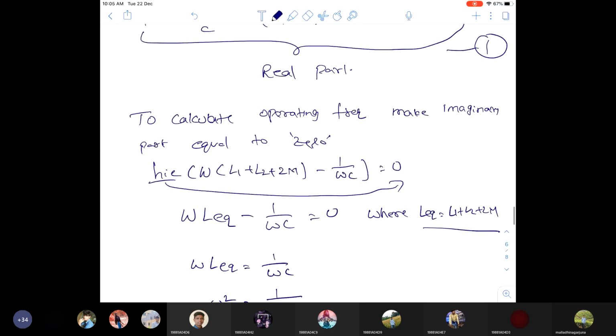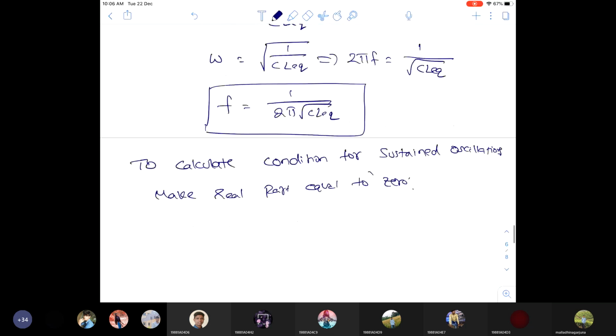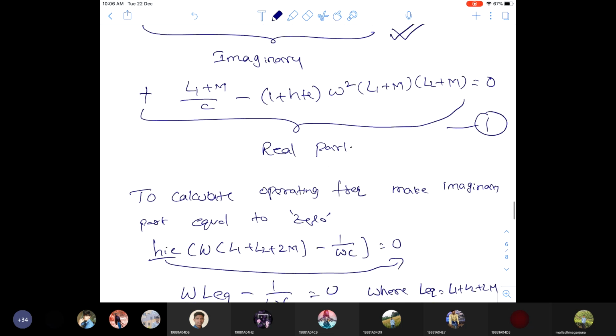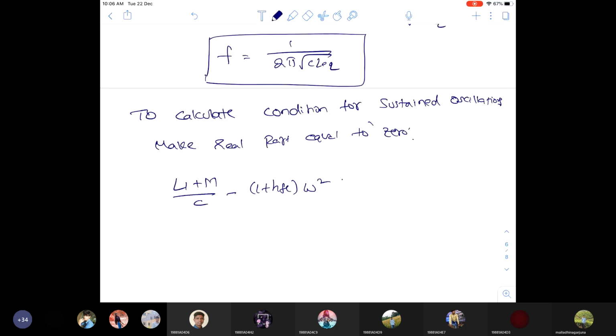The real part is L1 plus M by C minus 1 plus hfe into omega square L1 plus M into L2 plus M equal to 0. This is the real part that is equal to 0.